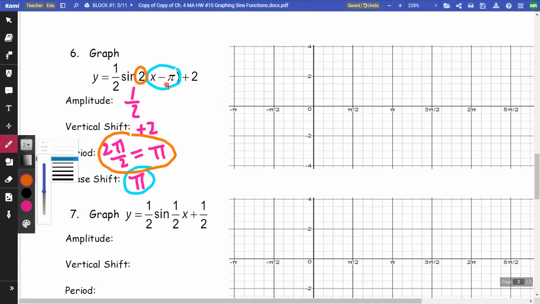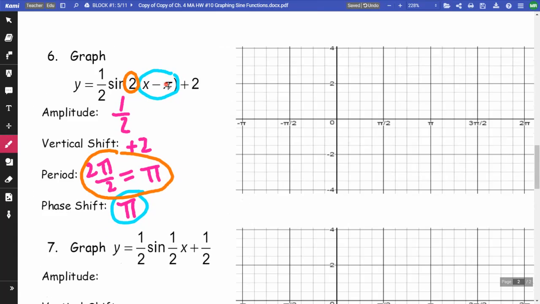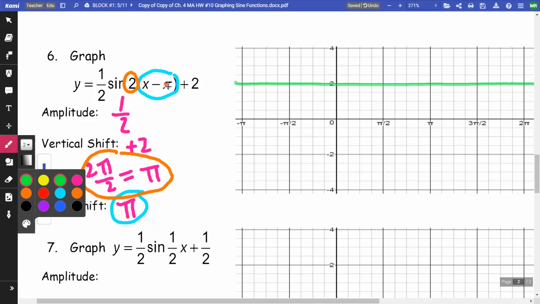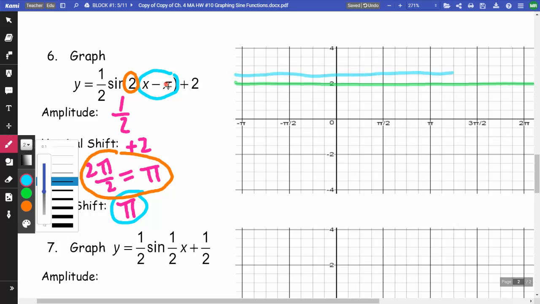So when I'm graphing this, my vertical shift is 2, so I'm going to be going up to 2. My amplitude is 1/2, so I'm going to be going up 1/2. So that's actually going to be here. And go down 1/2.